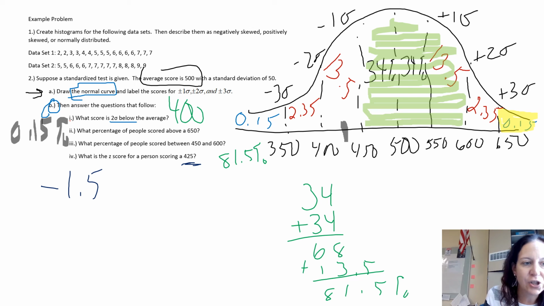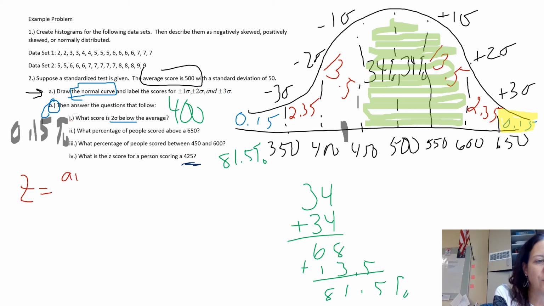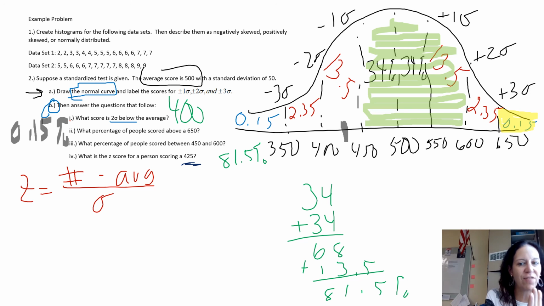All right. So the way that you're probably expected to do it, there is a formula, and I gave it to you like this. Not like that. Don't write that down. That's wrong. It is the number minus the average divided by the standard deviation. Now, if that doesn't look really sophisticated, it's because it's not.